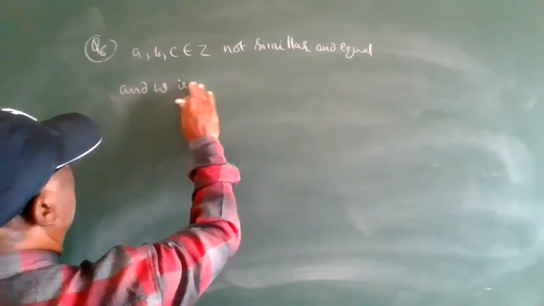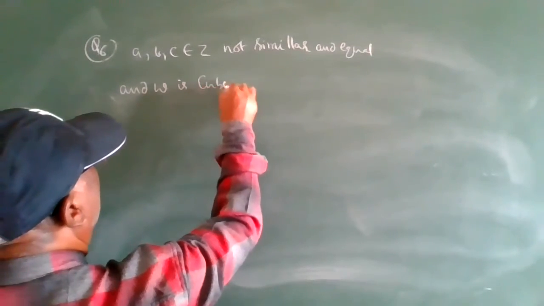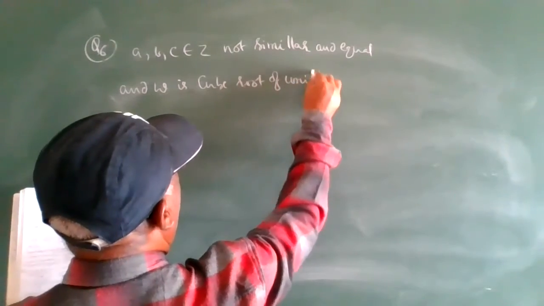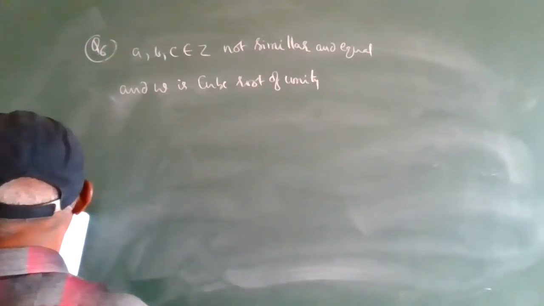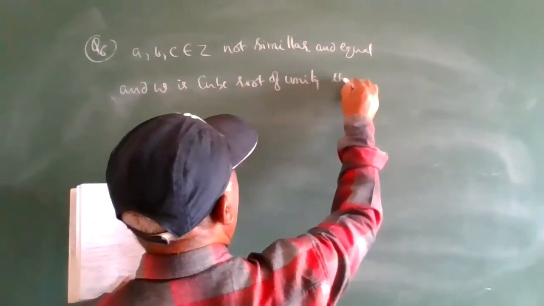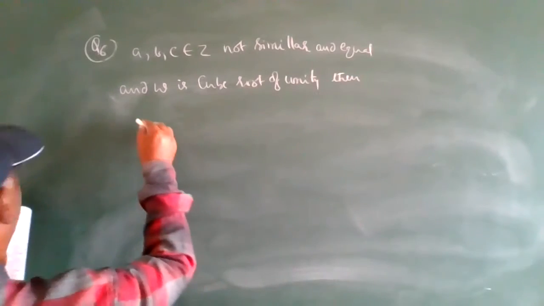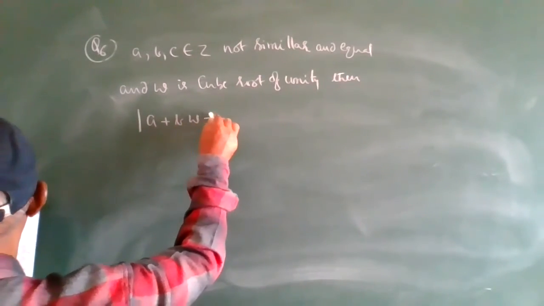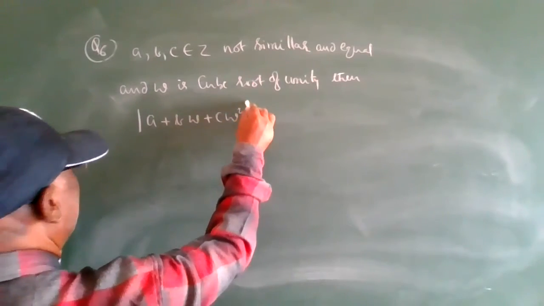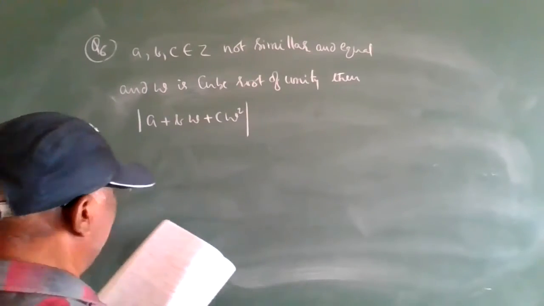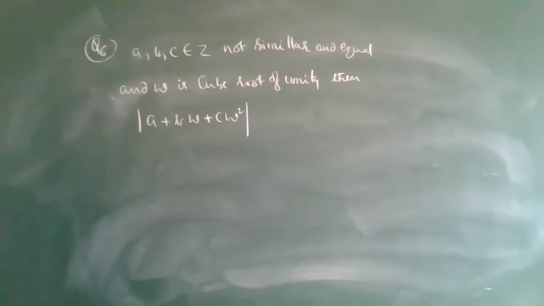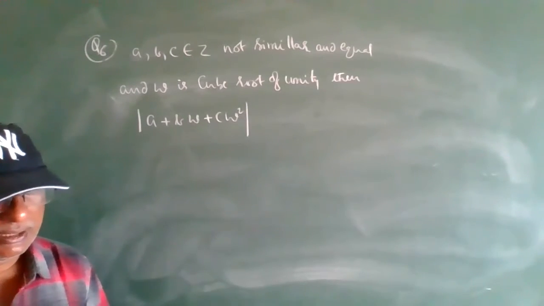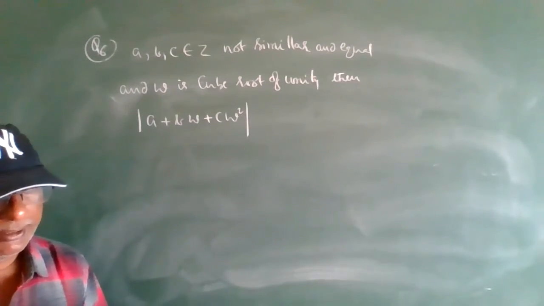Then find the value of the modulus of A plus B omega plus C omega square, divided by the modulus of A plus B omega square plus C omega. This is the given problem.